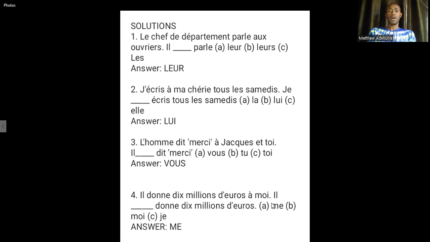You need to look at the way we picked the answers and the explanations before now. So, il me donne 10 millions d'euros. Me is the COE here, not moi. Moi belongs to another group that will be treated very shortly. So just try and go back to those lessons.